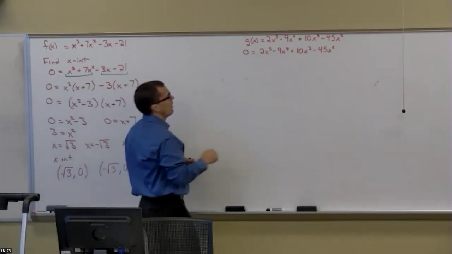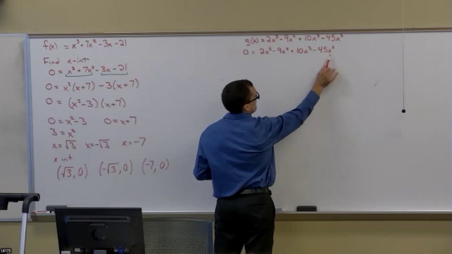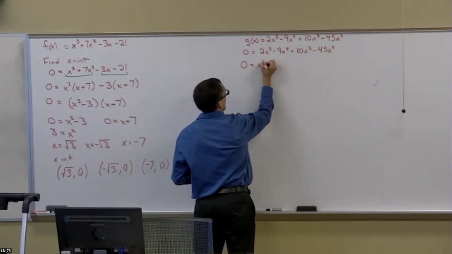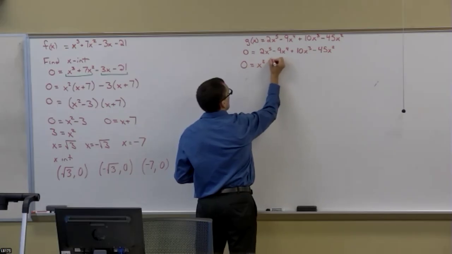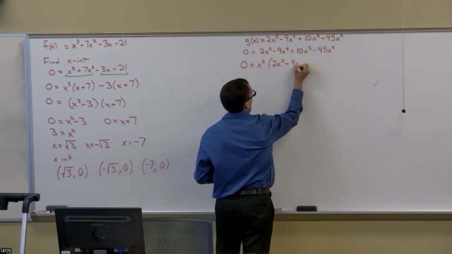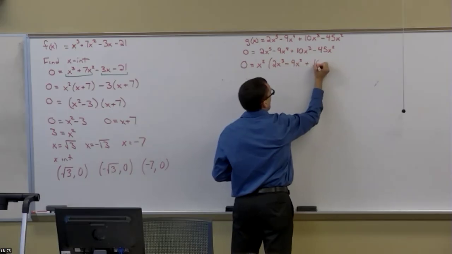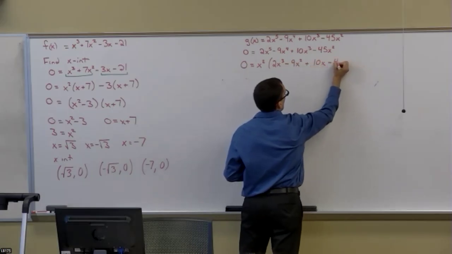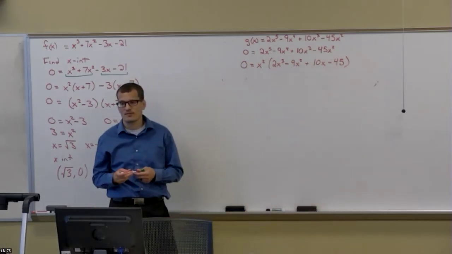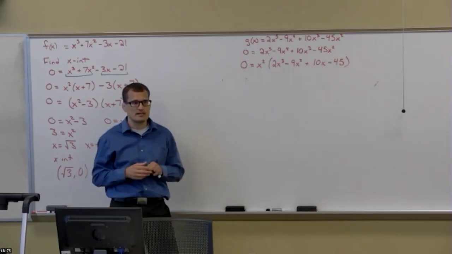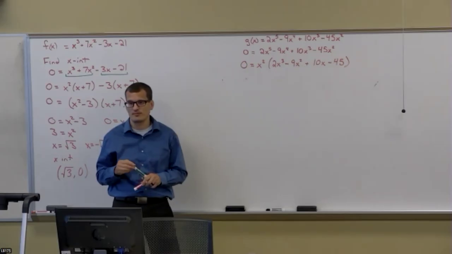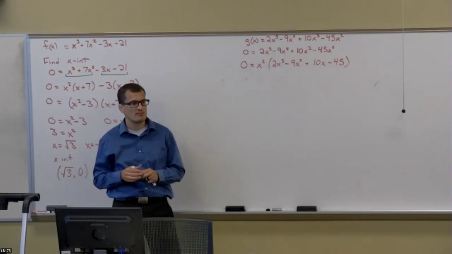All of these terms have a factor of x squared. So I'm going to factor out an x squared. And then I'm going to have 2x to the third minus 9x squared plus 10x minus 45 left over in parentheses. And then I can do the pairing trick on my cubic equation in the parentheses. Make sense?